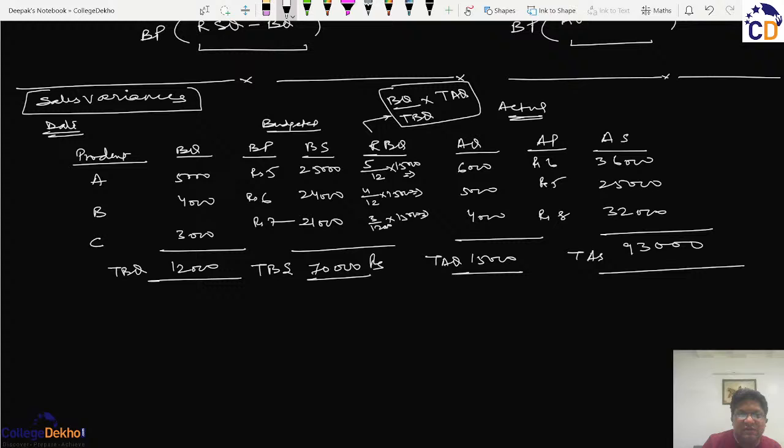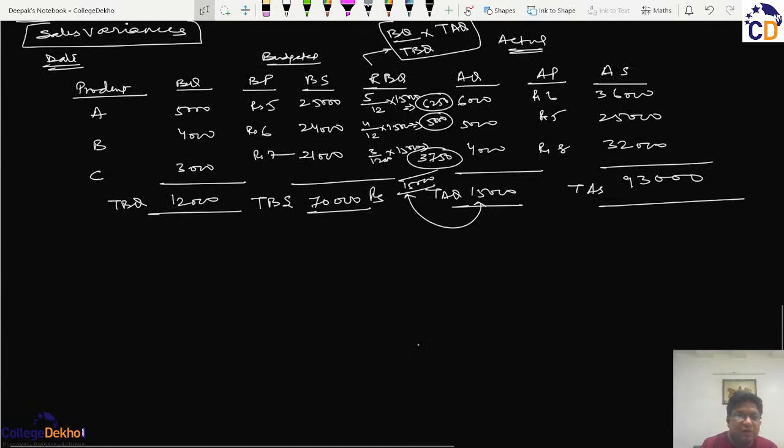If you arrive at that, this will be 6,250, this will be 5,000, and this will be 3,750. And if you add them, they come to the same figure of 15,000. It is just the actual quantity in standard proportion.